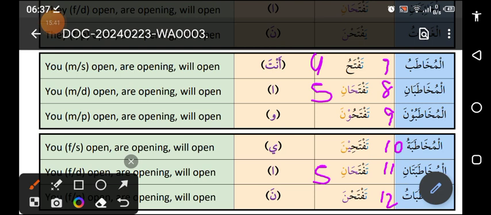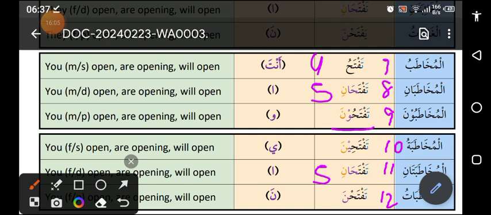So 5, 8 and 11 are the same words, taftahani. Taftahani can mean you both opened, or they both opened, if they are feminines. Inshallah, this much explanation is enough. The other ones are different. Taftahuna is evident that it has a waw noon and it starts with a ta.